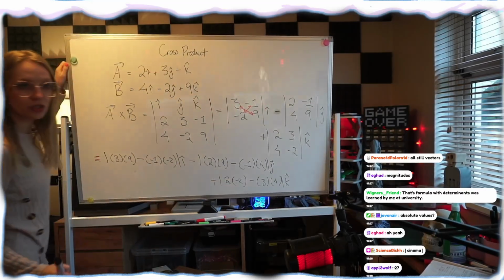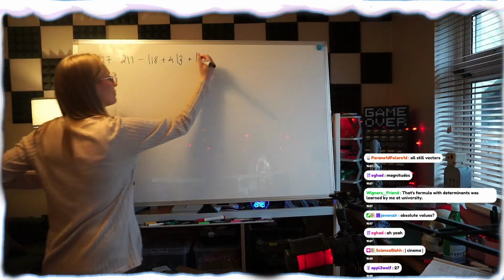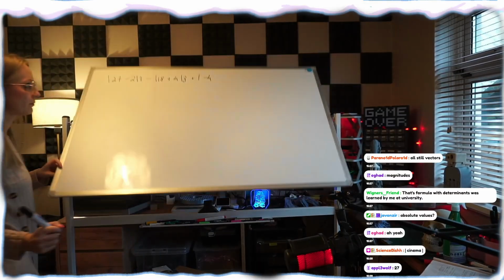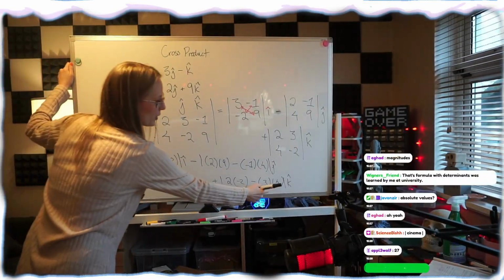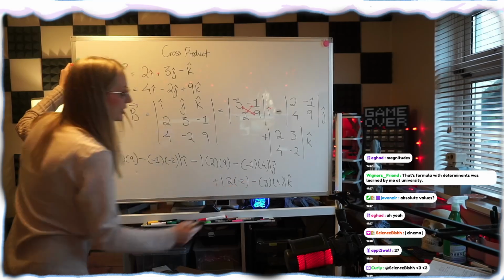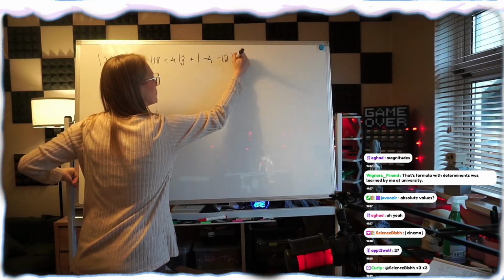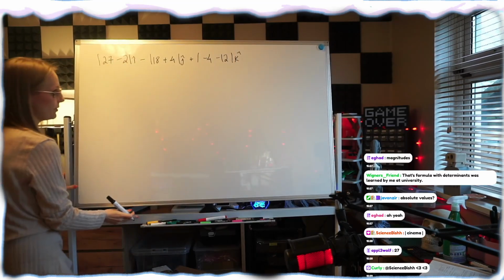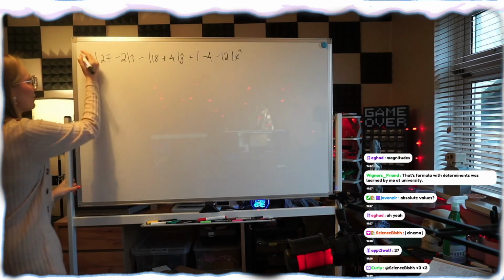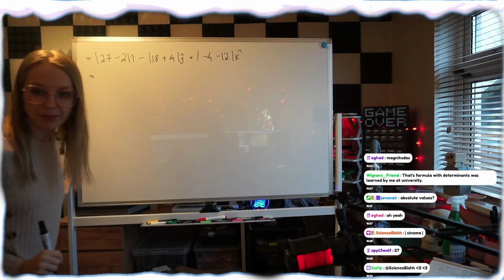Two times -2 is -4. 3 times 4 is 12 with a minus sign, -12. And that is the expression that we get here.